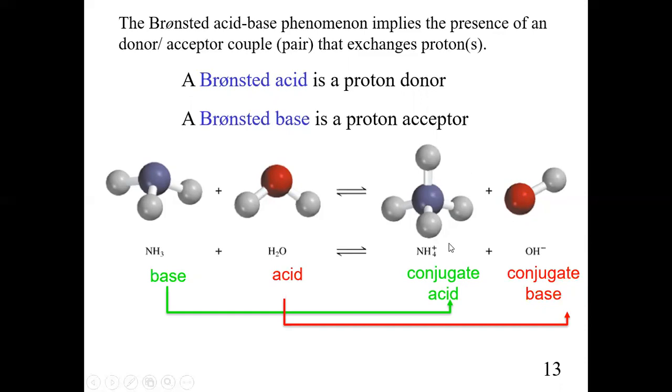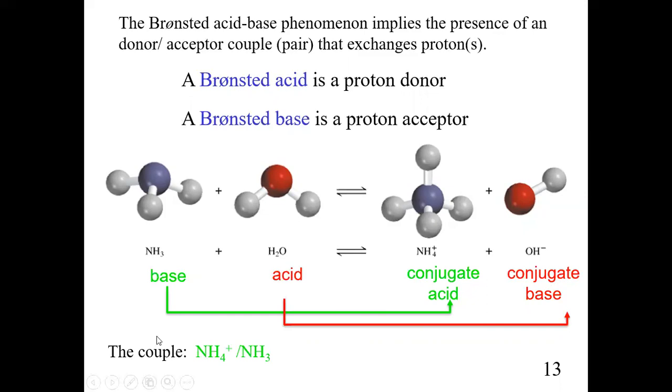And again, why is it called a conjugate acid? Because in the reverse direction, it's acting as the acid. It will give up its proton to OH minus. And in all the phenomena of the Bronsted-Lowry definition, you always have to have a base with its conjugate acid and an acid with its conjugate base. We call this a couple.